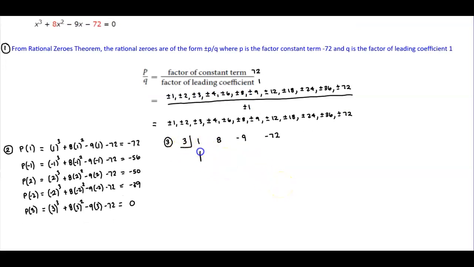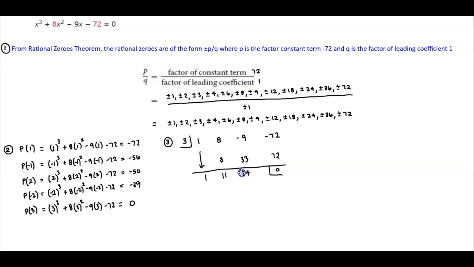We bring down the 1. 3 times 1 is 3. 8 plus 3 is 11. 3 times 11 gives us 33. 33 minus 9 gives us 24. And 3 times 24 gives us 72, which gives a remainder of 0. So what does that tell us?